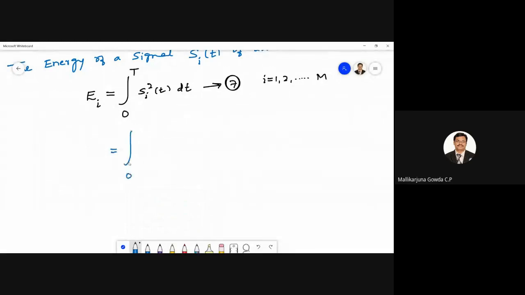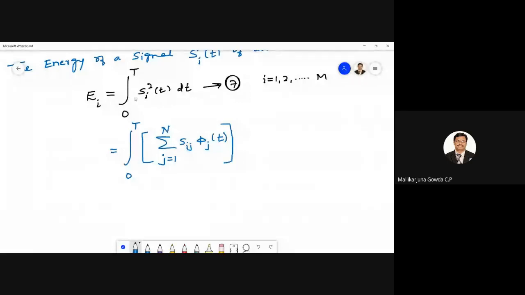Summation, j is 1 to N, s_ij, then phi_j of t. So here I have written s_i, that is s_i squared of t.